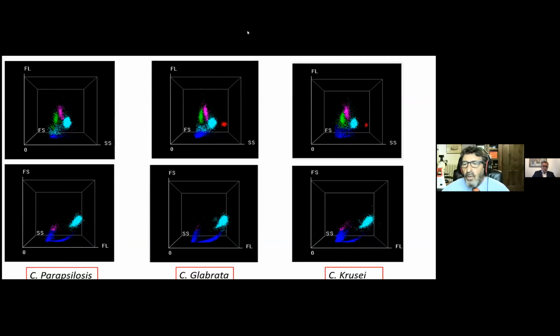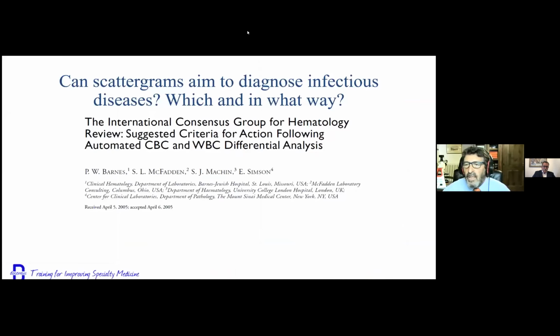To conclude, I would like to refer to the famous guidelines, the so-called 41 rules, that are widely used as guidelines for microscopic review.